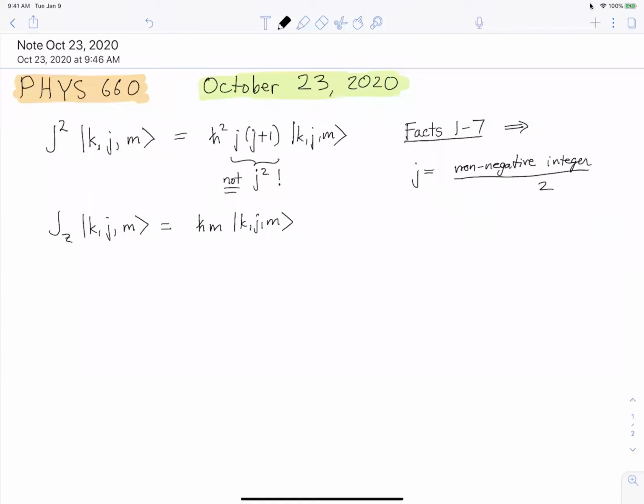And then once you've selected j, m has to be one of the following values: minus j, minus j plus 1, up to j minus 1, and then finally j. If you just count those for general j, that makes 2j plus 1 values.